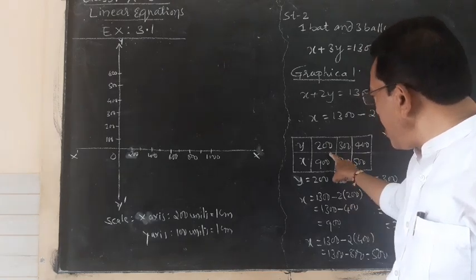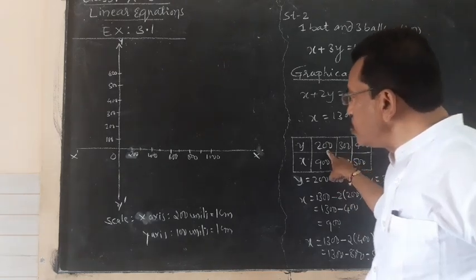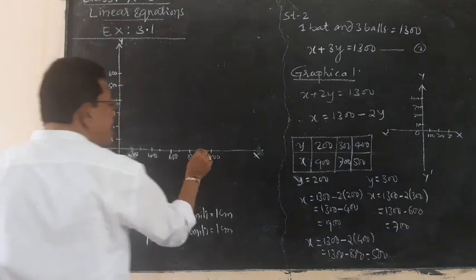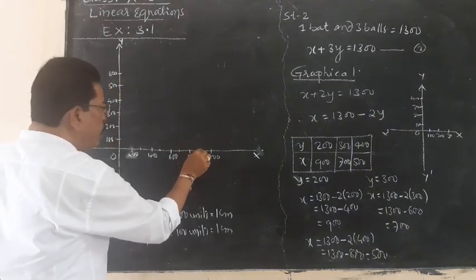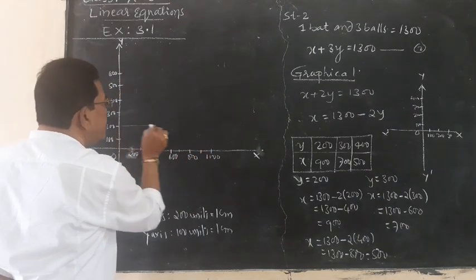Okay, x equals 900, y equals 200. That means it will be like this.